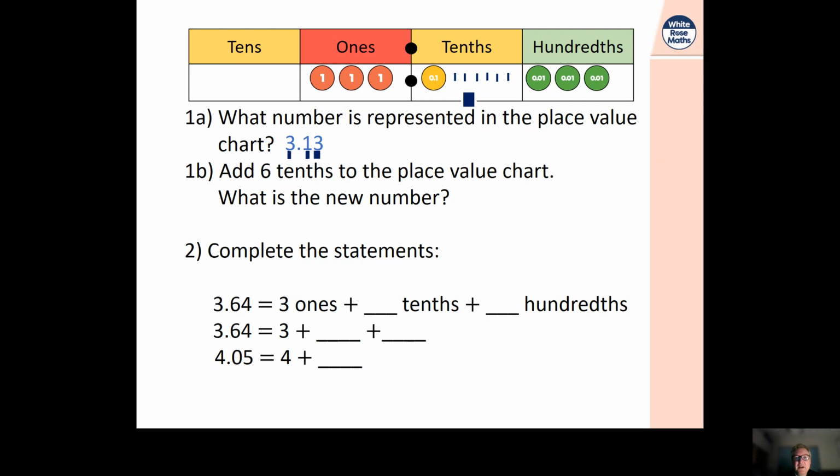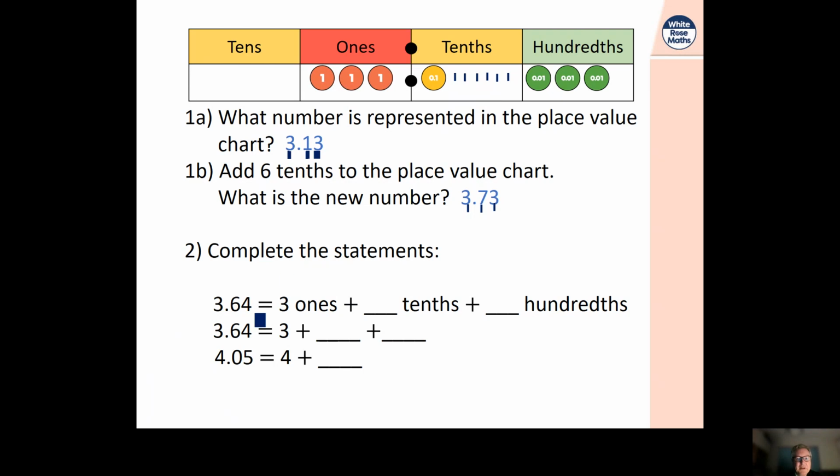Now here we have the original 1 that was there, plus the 6 we've just added in, which is 7, and this hasn't changed. Now we can see that represented as 3 ones, the 7/10, and the 3 hundredths.